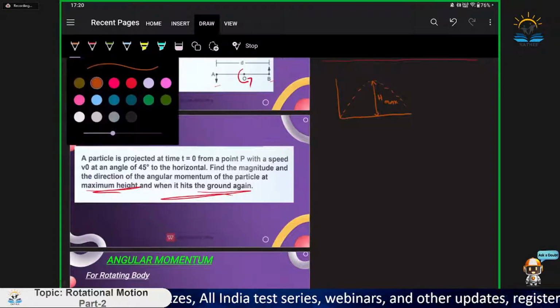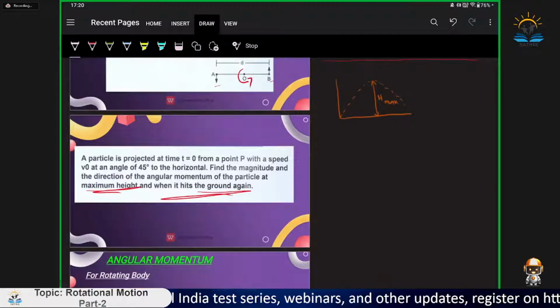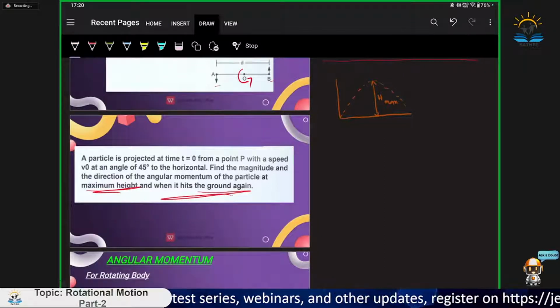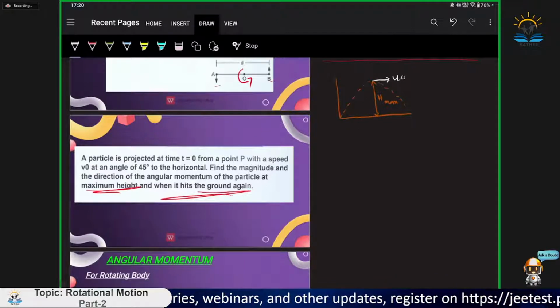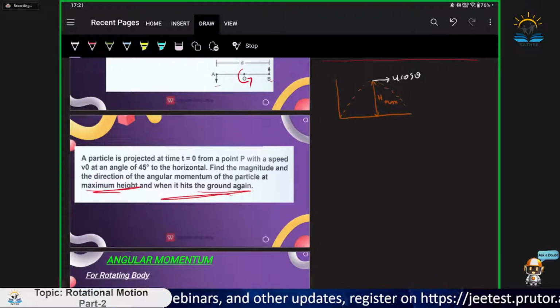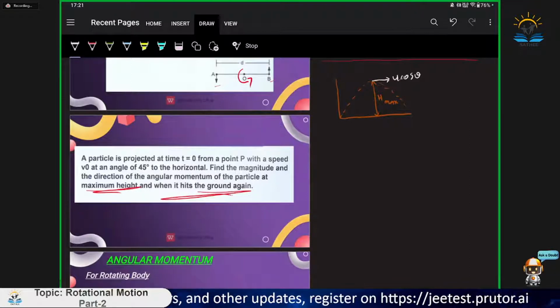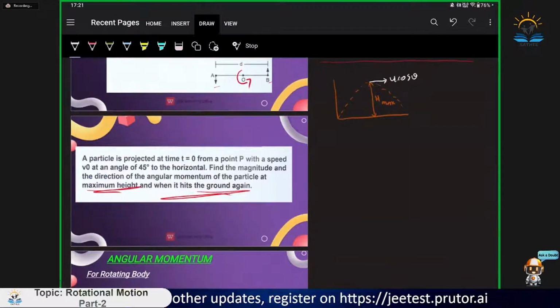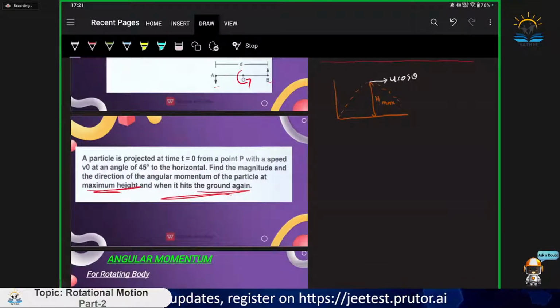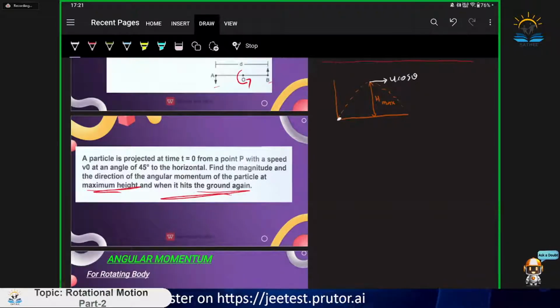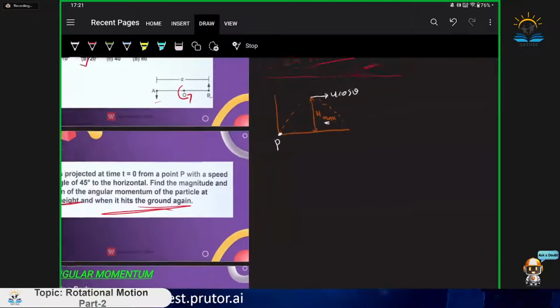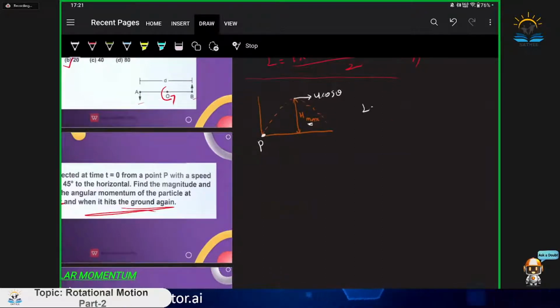It has only one velocity component: u sin theta will be 0, so it has only u cos theta. We know the velocity here, and this is the axis. About this axis, we have to find the angular momentum, and the perpendicular distance from this axis is h max. So in the first case, L will be m into u into cos theta.